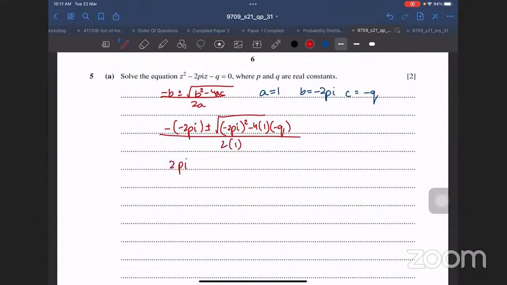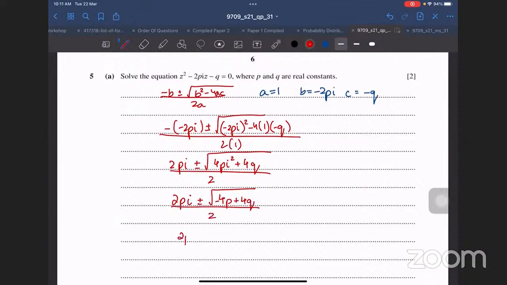So I get 2pi plus minus root of 4 times i square plus 4q over 2. So I get 2pi plus minus root of 4 minus 4p plus 4q, since i square equals -1. I can factor out the 4 and say that this becomes q minus p.